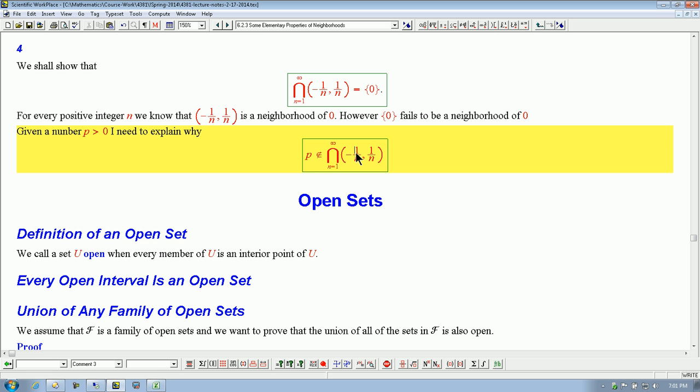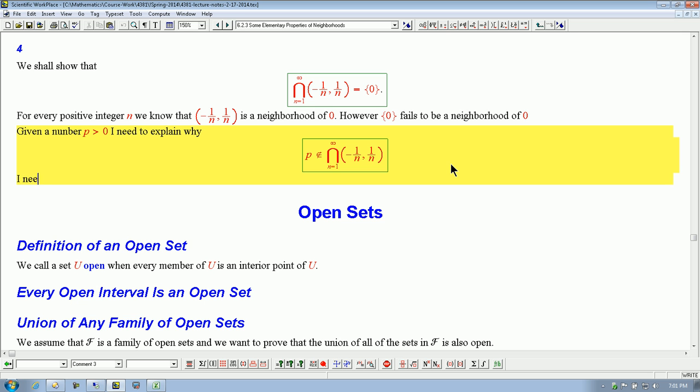I want to tell you that a positive number will never belong to that intersection. Okay, well, I need to explain why p doesn't belong. Well, let me tell you what I need.